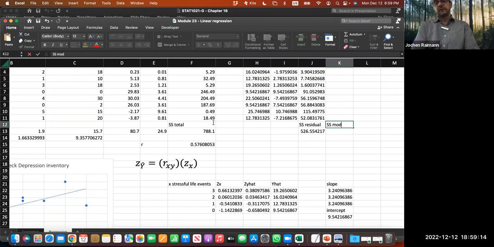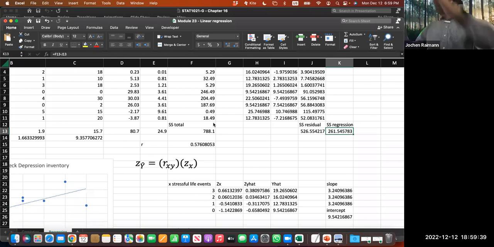So that's the sum of squares regression. So that's the variability, or that's the contribution to the prediction of the model. This basically gets us now 788 minus our sum of squares residual, gets us to 261.55. So that is what our model contributes to the accuracy of the prediction, to that scatter, what it explains from that scatter.